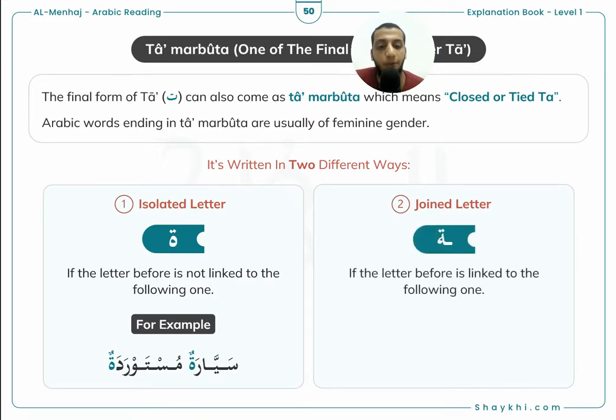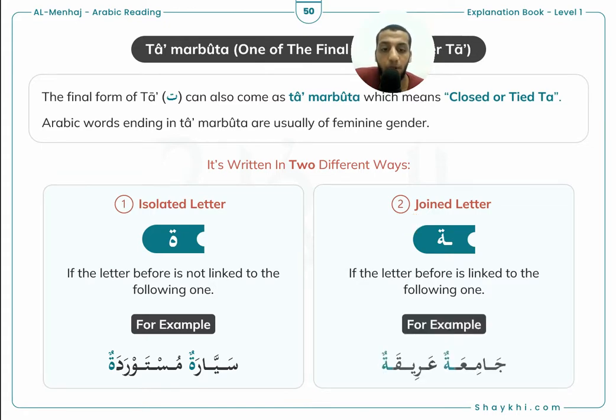These are the remaining letters after the 7 letters we discussed before in the beginning of connected letters. So this is how the joined letter of at-ta al-marbuta looks. Let's also take an example.